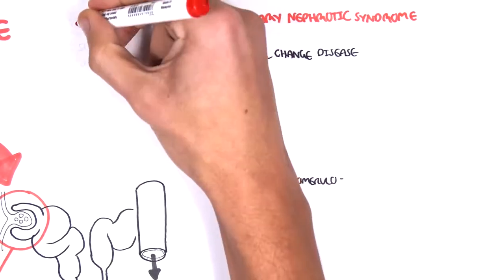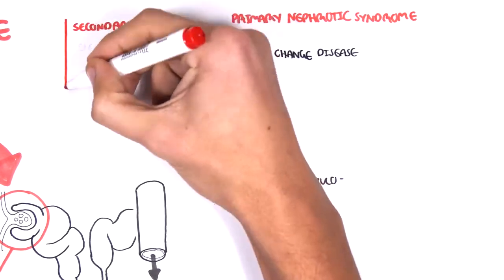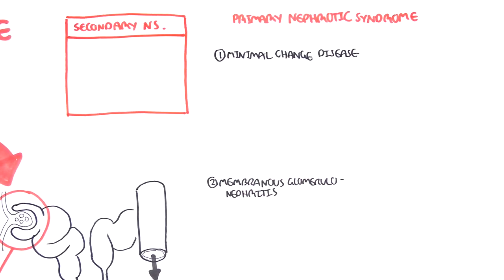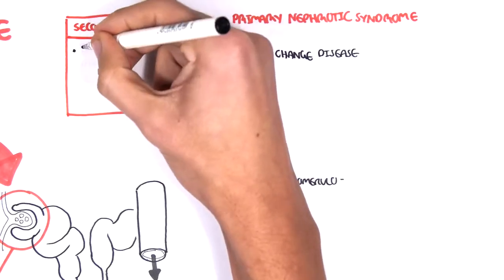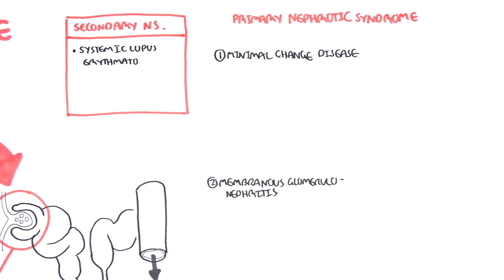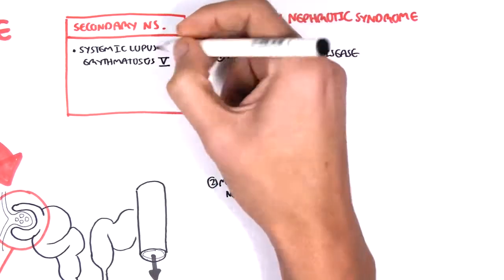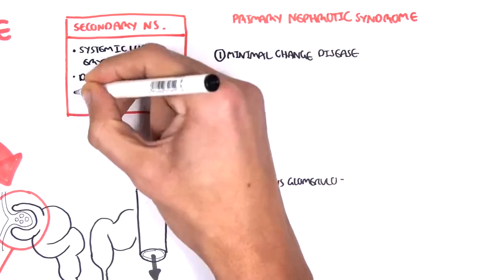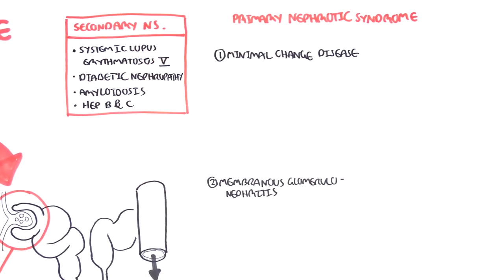Secondary nephrotic syndrome, as the name suggests, occurs because of another disease or another cause. Common examples include systemic lupus erythematosus, diabetic nephropathy, amyloidosis, hepatitis B, hepatitis C, and HIV.